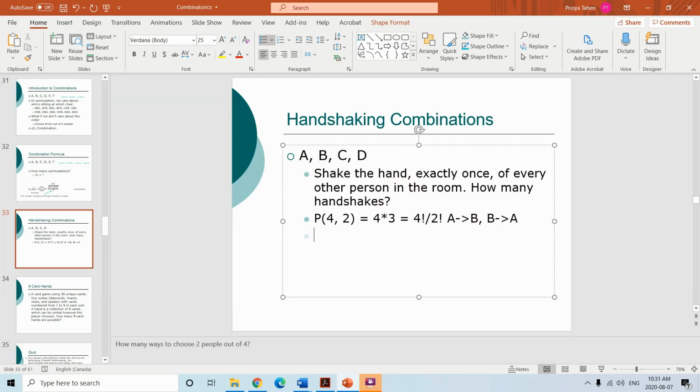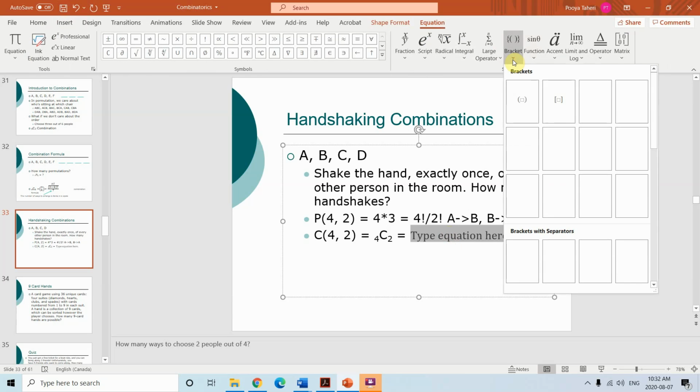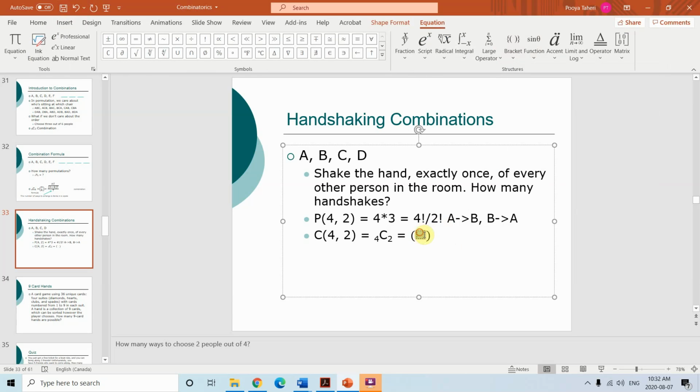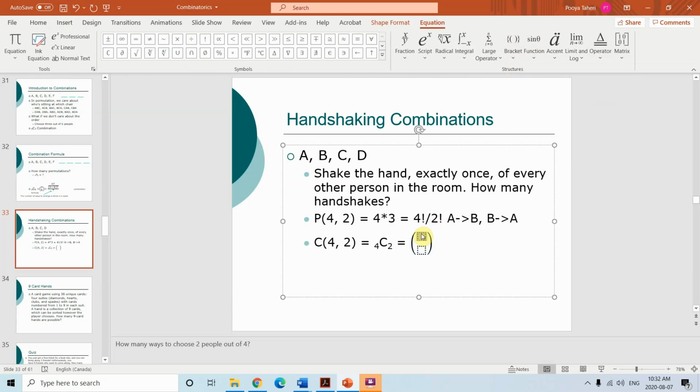Okay, so if you want to find C of 4 comma 2, which is also shown like this for C2, or it can also be shown in other ways.